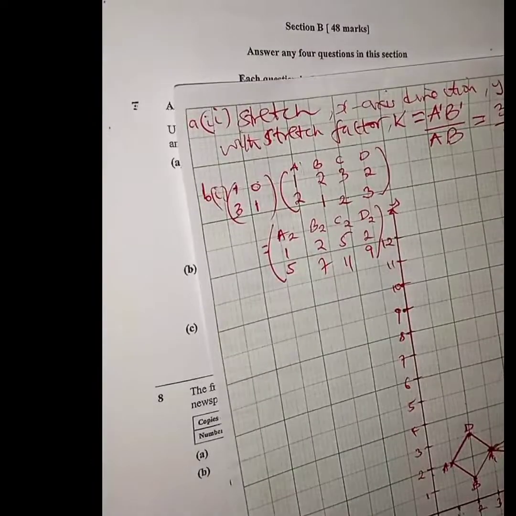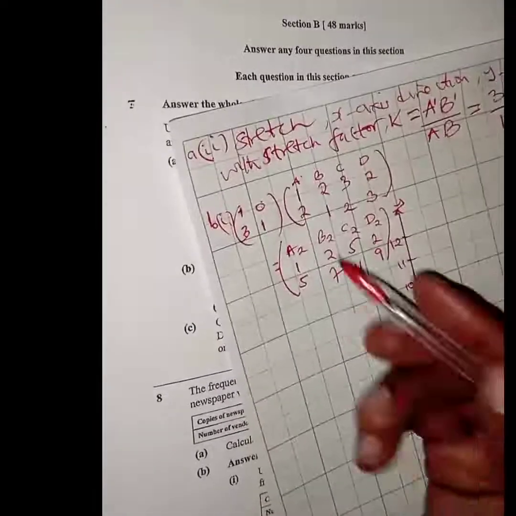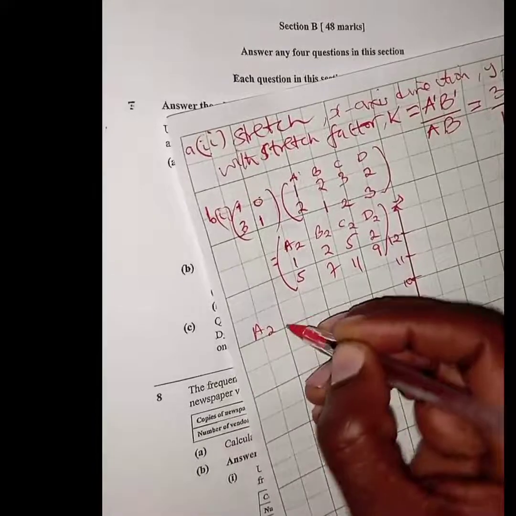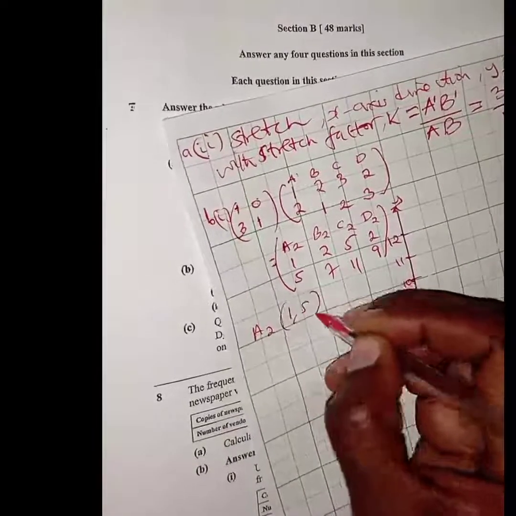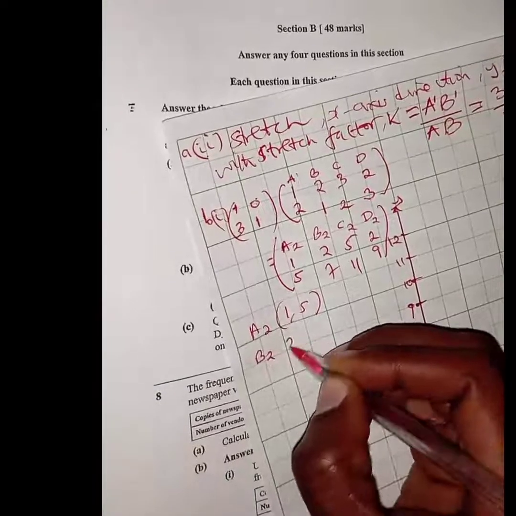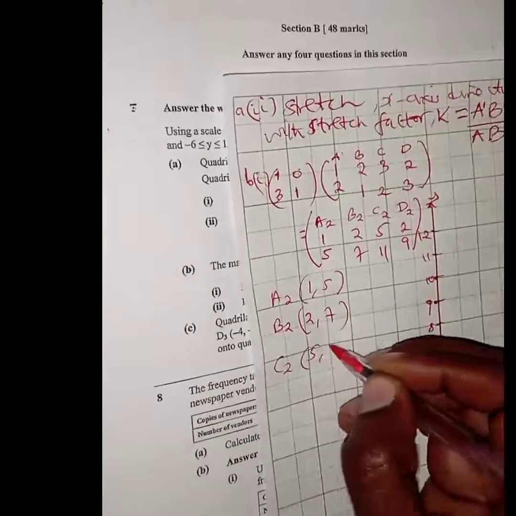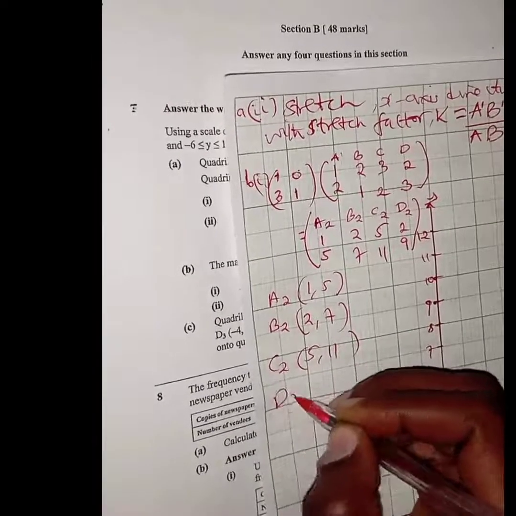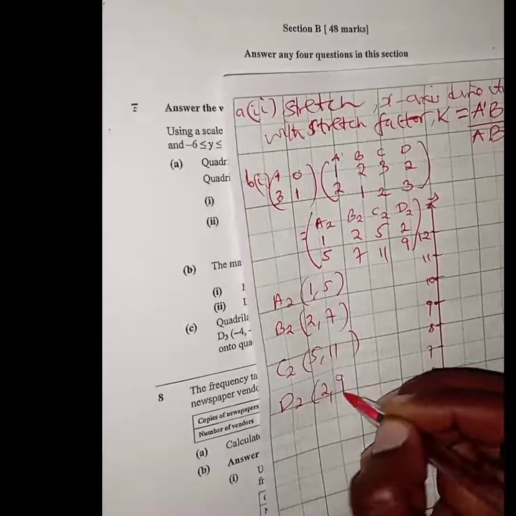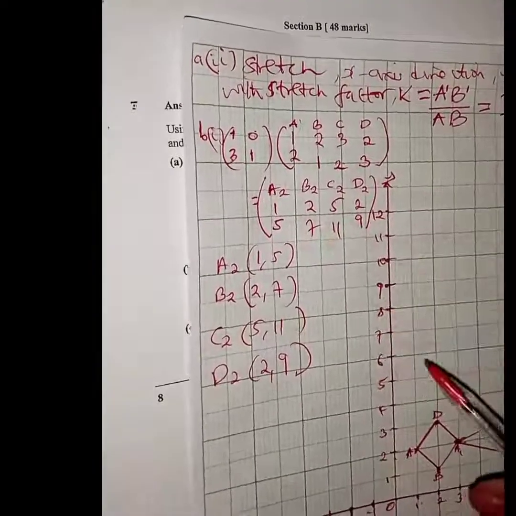Since they're talking about coordinates, we can write them like this. A2 is 1, 5. B2 is 2, 7. C2 is 5, 11. D2 is 2, 9. So the markers will mark this as part of your working.